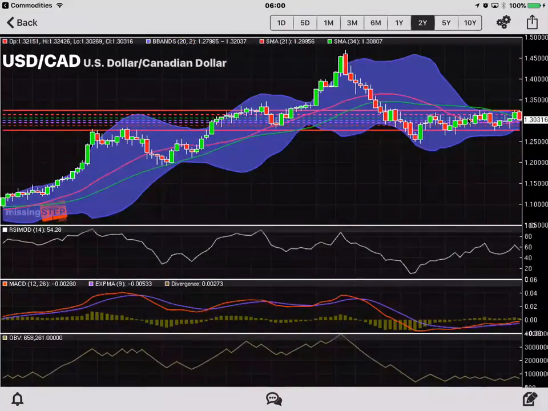I expect that pair to trade lower. Here we have the Canadian dollar. I said if this pair rises, oil would go down in theory, and if this pair weakens, oil would be stronger. Basically have a sideways trade for right now, and we have an outside bar here.